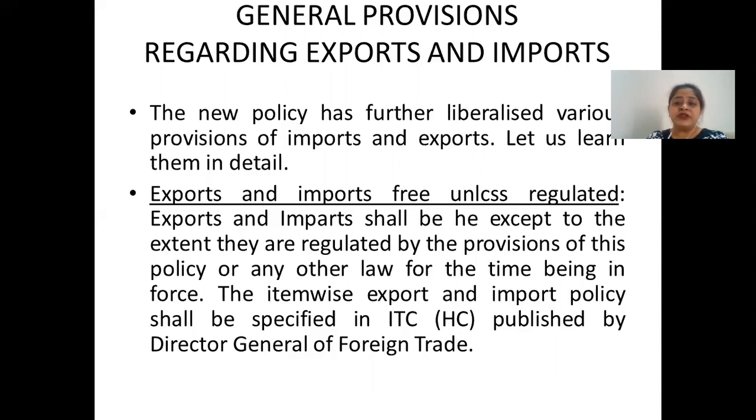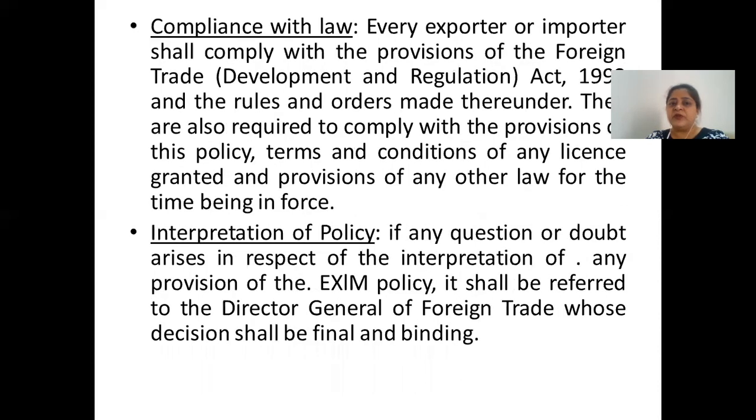So certain regulatory frameworks have been introduced, and exports and imports are free unless restricted or regulated. Free trade of goods was allowed, and certain promotion schemes have been introduced in the respective import export policies.